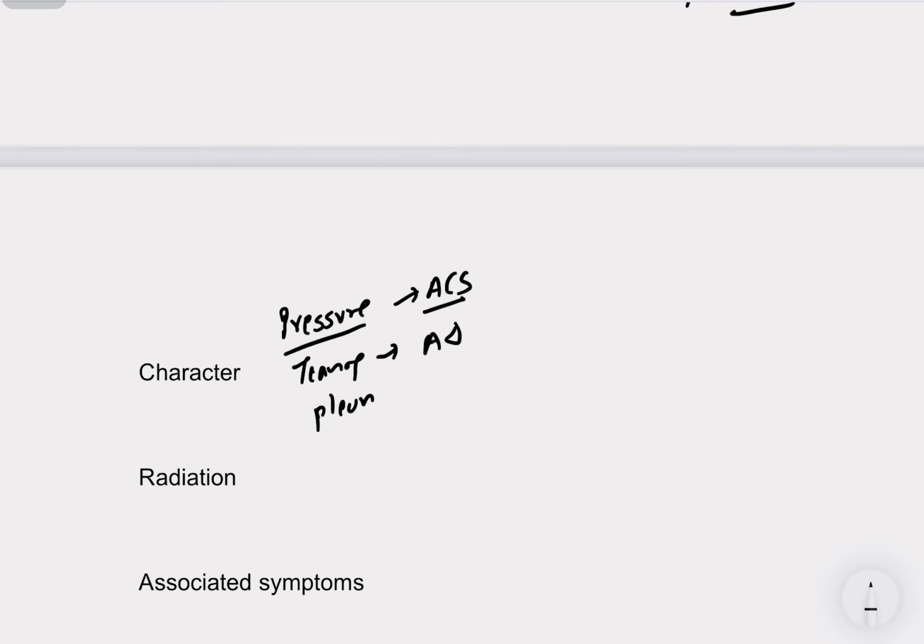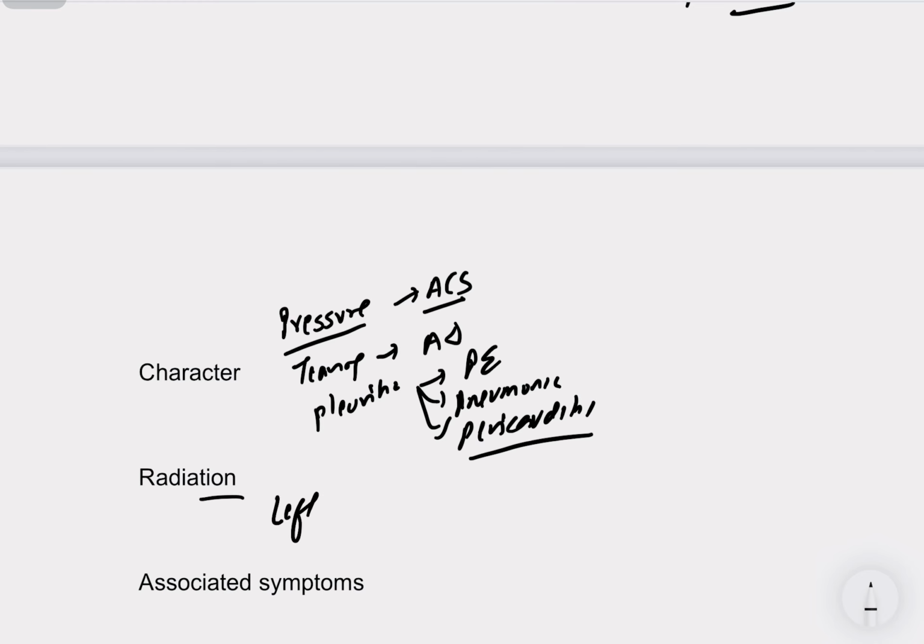Pleuritic chest pain can be due to pleural effusion, pulmonary embolism, pneumonia, or pericarditis. Radiation to the left arm or jaw can be due to ACS.